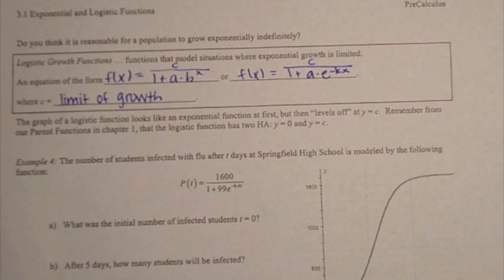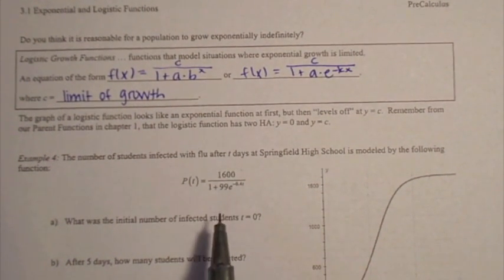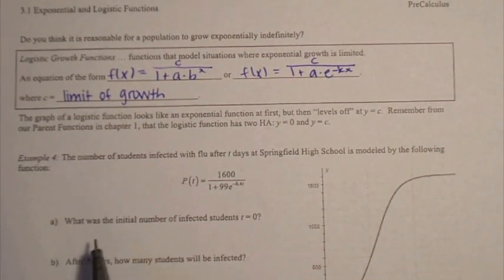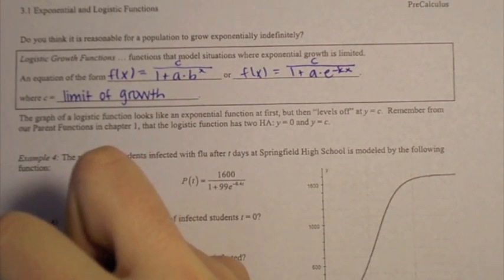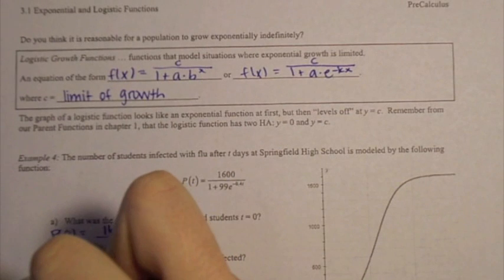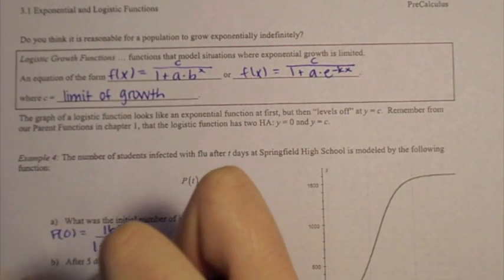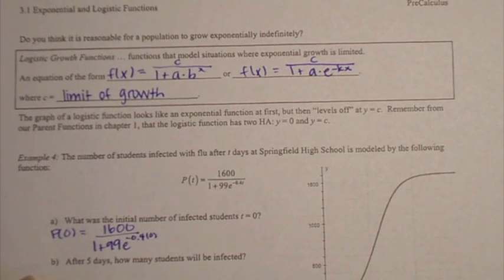Now let's look at an example. The number of students infected with the flu after T days at Springfield High School is modeled by the following function. What is the initial number of infected students at T equals 0? To find this number, we just substitute 0 in for T. So we'll have P of 0 equals 1600 all over 1 plus 99 e to the negative 0.4 times 0.